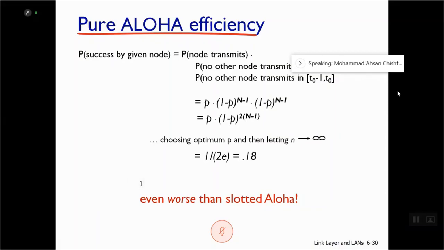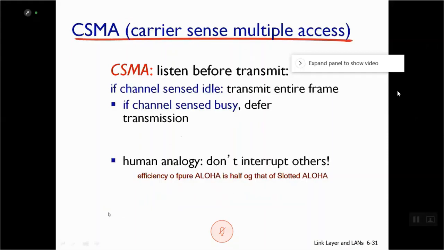I'll just write here, efficiency of pure aloha is half of that of slotted aloha. I hope this is clear.